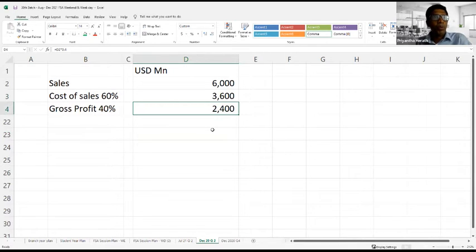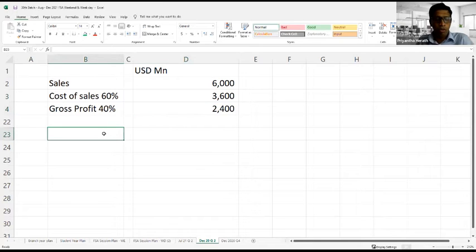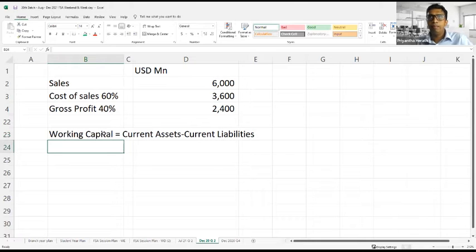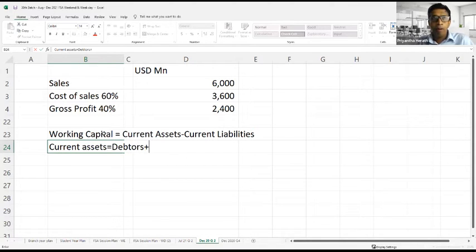Right. Now you need to estimate debtors value, inventory value. So our objective is to estimate working capital. How to estimate this? We need current assets minus current liabilities, right? So mainly current assets include debtors plus inventories.